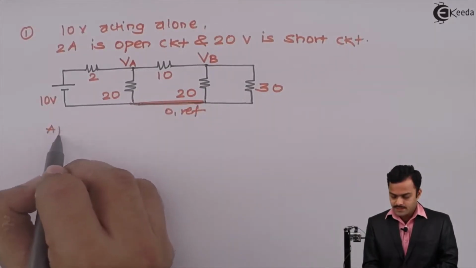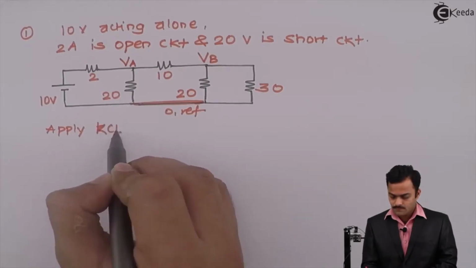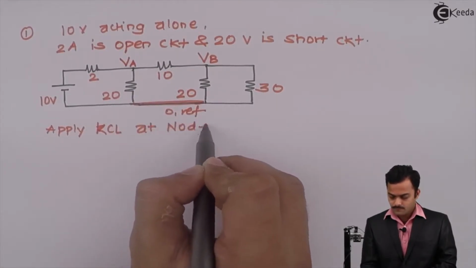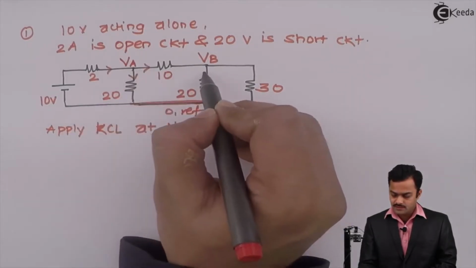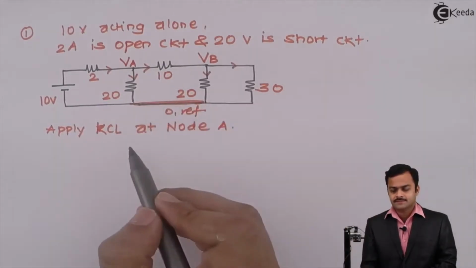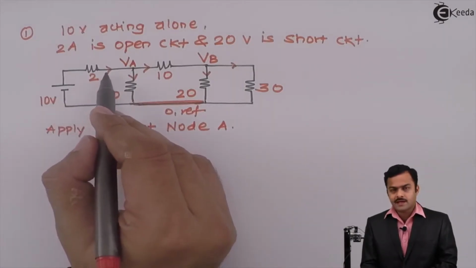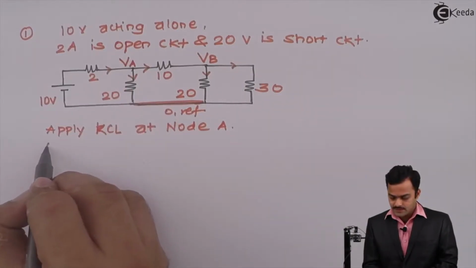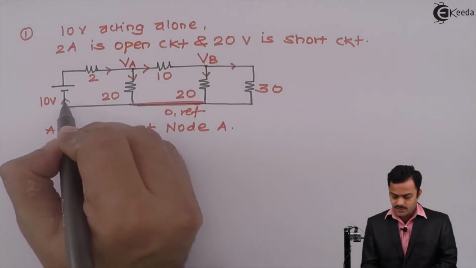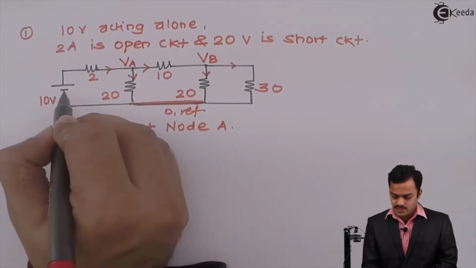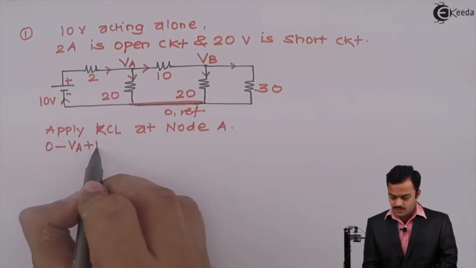So let's apply KCL at node A. I will consider random directions of current since there is no current source present. So for first node, this is the incoming current. Equation will be like this: 0 minus VA. In the direction of current, I have a voltage source changing the polarity from minus to plus, so it's a voltage rise.